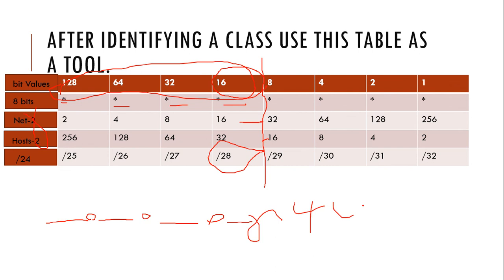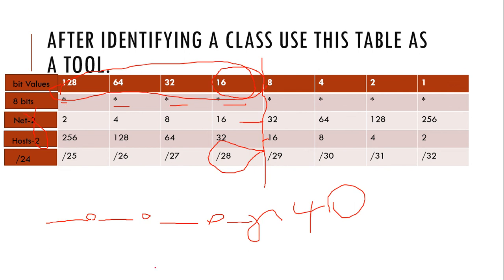The reason why we are seeing all these 255s is because when you add all these bit values, you get that 255. That means all the bits on that octet are active. Here we're only having these 4 active.